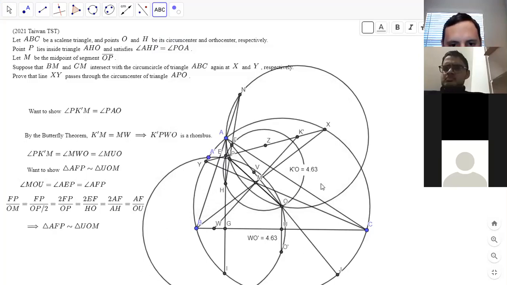Once we know that, then we have that angle PK prime M is equal to PAO.